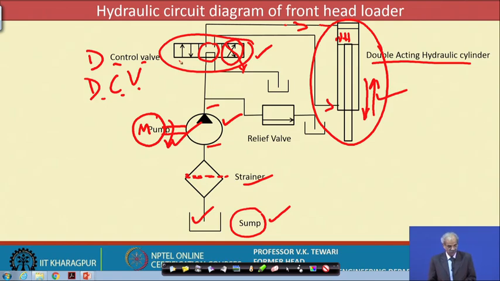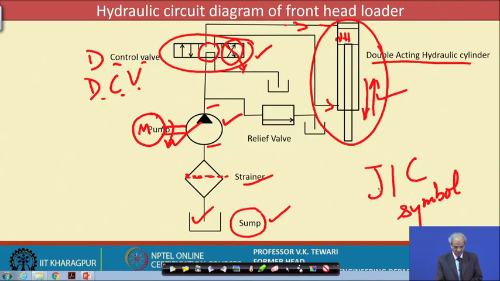This is the JIC symbol. This circuit is made with the JIC symbols for the various components of the hydraulic system.